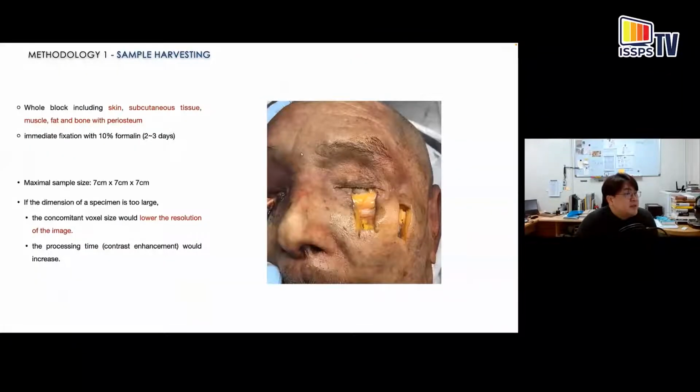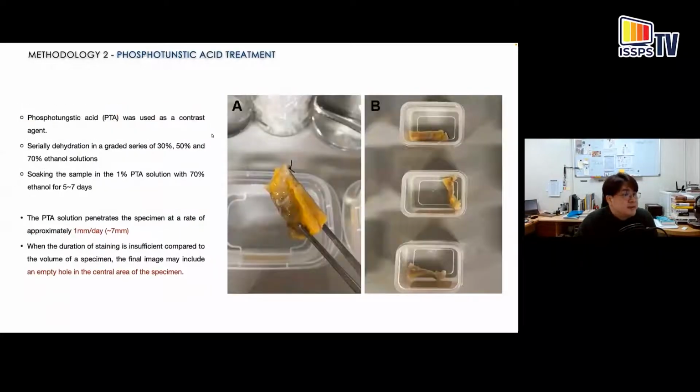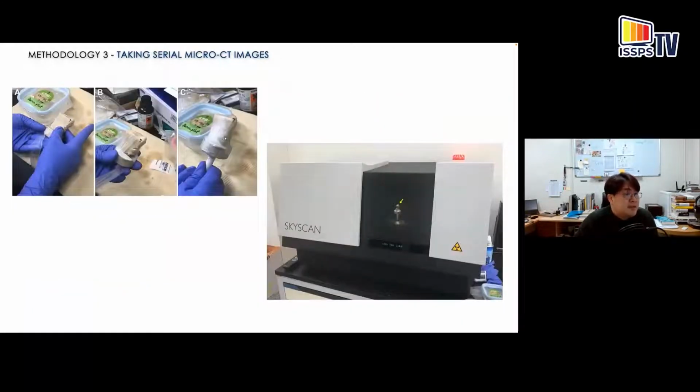By reviewing my previous studies of facial anatomy, I briefly explain the steps of the micro-CT procedure. First, we harvested the sample. In this case, we did not remove the skin. Whole tissue, including skin, subcutaneous tissue, muscle, fat, and bone with the periosteum, was harvested and blocked. Second step is to enhance soft tissue contrast. Next step, micro-CT scanning.